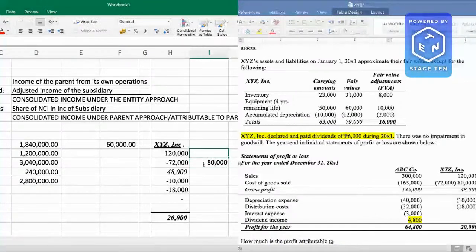Okay. No problem with the income, class. The consolidated entity agrees that it's 120,000. It just does not agree that this should be 72,000. The cost of goods sold should be 72,000.